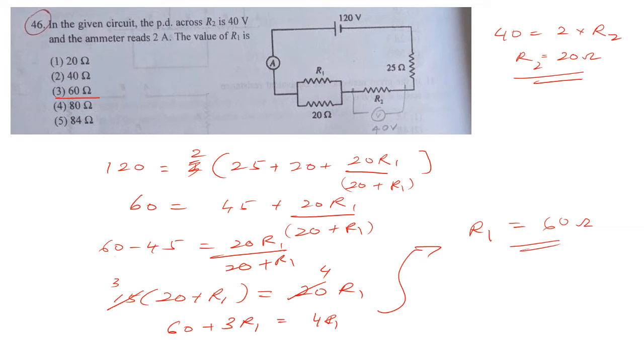We cannot solve the problem. So the very important thing is to find the R2 value first, and then we can put the Kirchhoff law to the circuit and find R1 quickly. This problem is not hard, but it takes a few seconds to do the mathematical steps to simplify and obtain the answer.